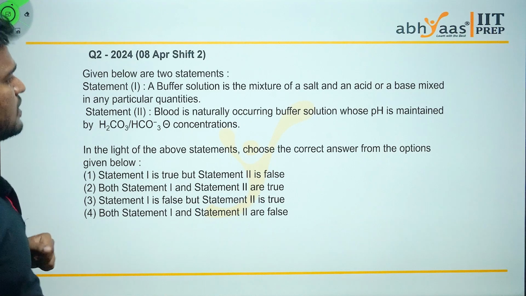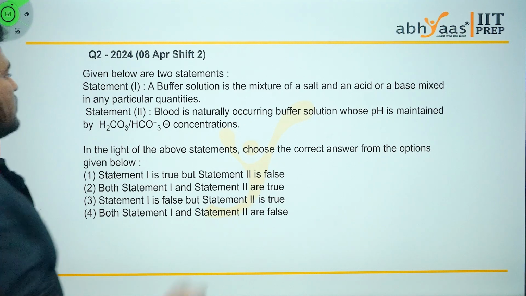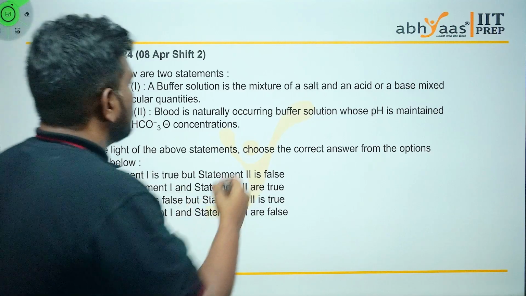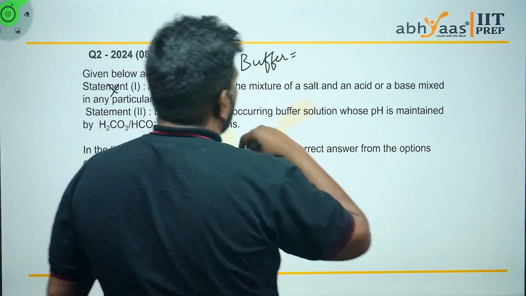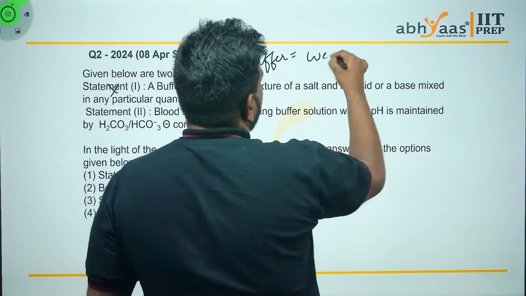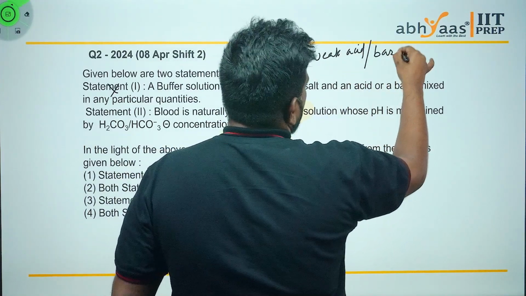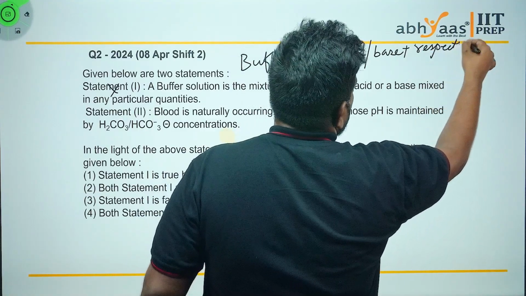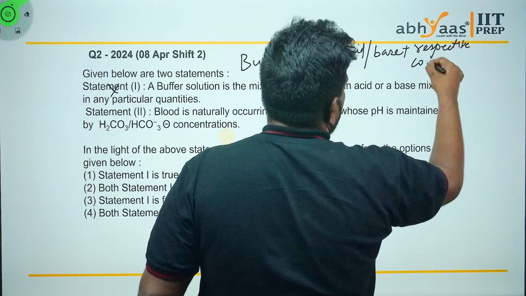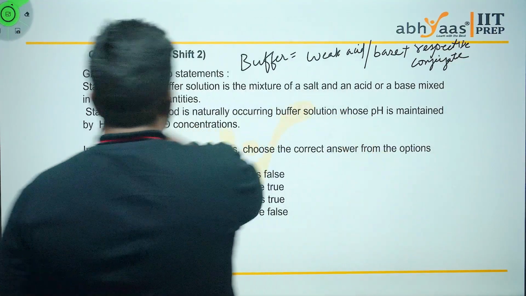A buffer solution is the mixture of a salt and acid or a base mixed in any particular quantities. This statement is wrong because we know that a buffer solution is actually the mixture of a weak acid or base plus its respective conjugate, right? So this first statement is contradicting this theory. So it is a wrong statement.